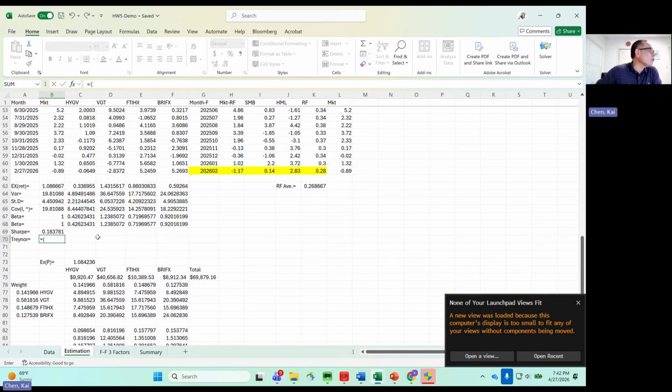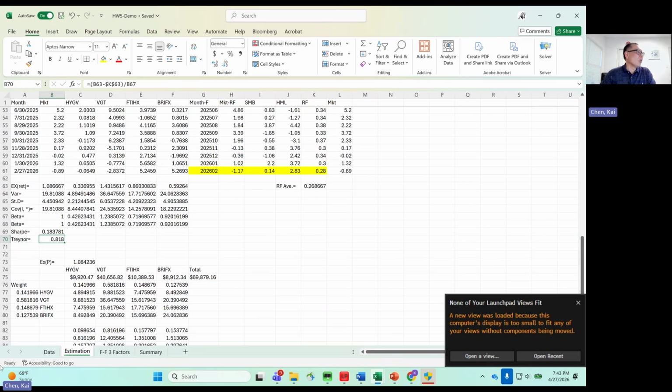That should be the expected return, this one, minus the risk-free rate. The risk-free rate is here, of course, and I'm going to lock the risk-free rate, so I click F4. And then divided by what? Divided by beta, right? Beta is here. Then this is the Treynor ratio.